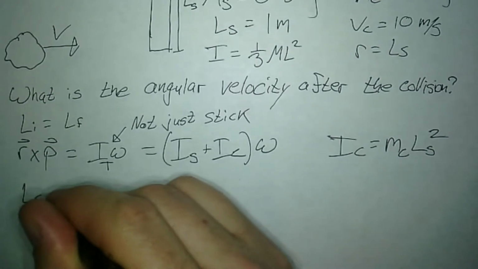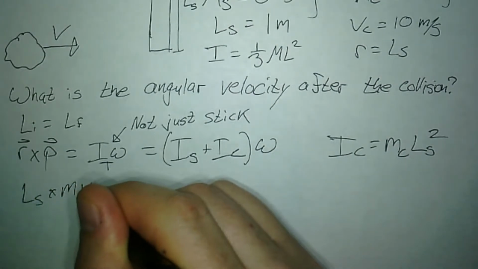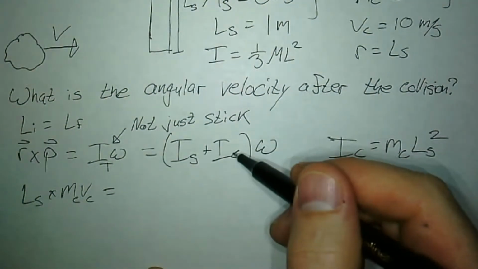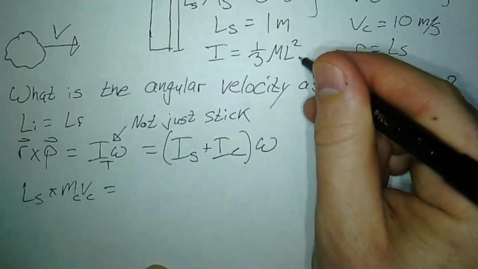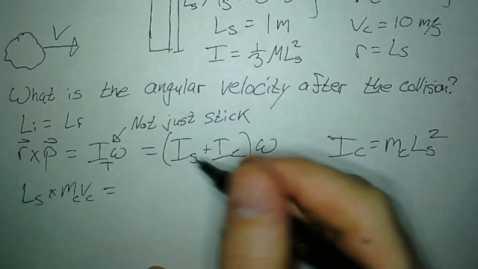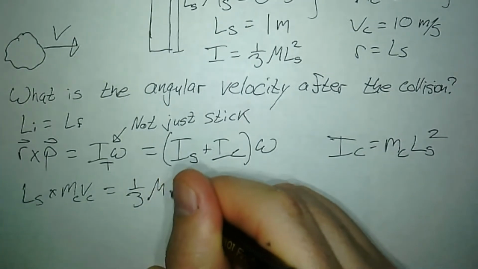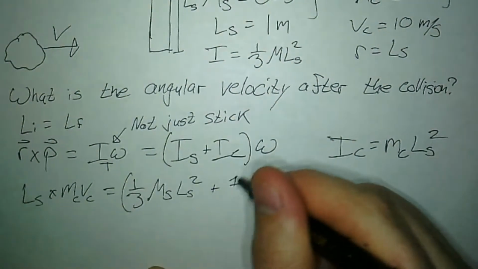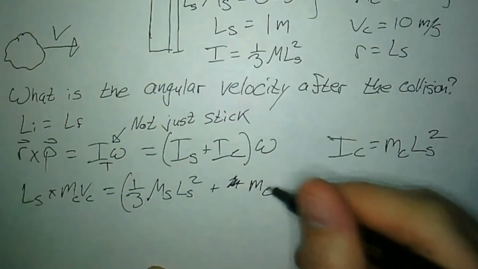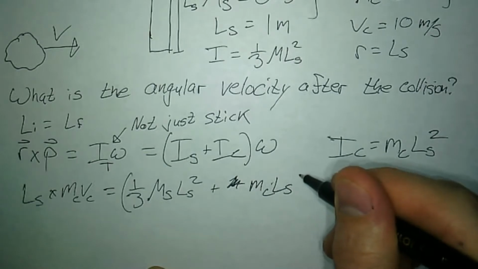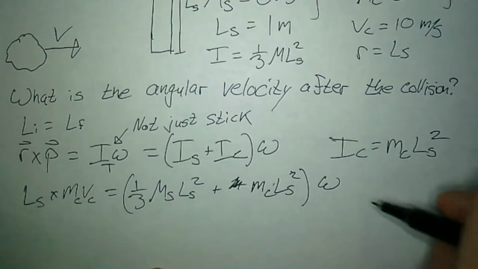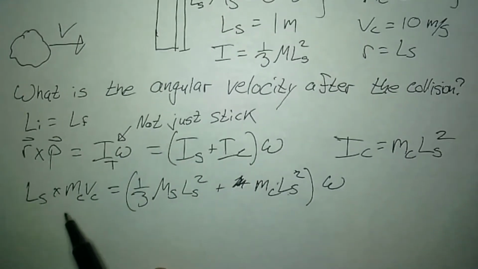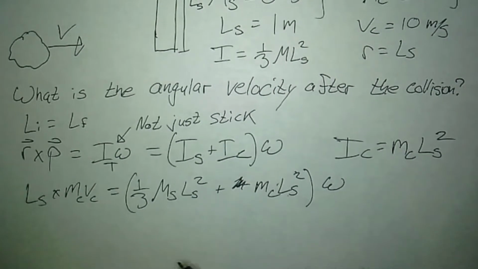So it's going to be length stick cross mv, mass clay, velocity clay, equals moment of inertia of the stick, which we said is 1/3 ml squared, with an s there for consistency, plus m clay ls squared times omega. Hey, those ls are the same, so I can pull those out. Oh, there's an ls over here too, so I can cancel those in a minute. I'm going to pull them out first so it's a little easier to deal with.